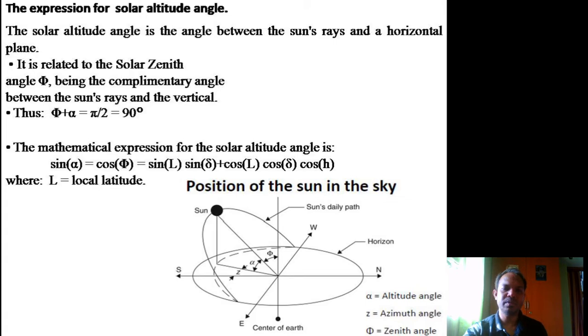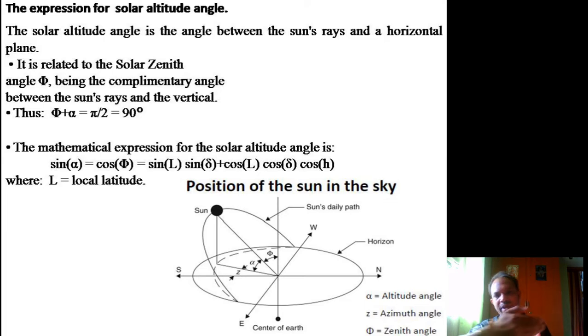Now if you observe this sketch carefully, alpha is the angle of inclination of the solar radiations with respect to the horizontal surface, which is shown by a dotted line. The sun is indicated with a dark black spot.